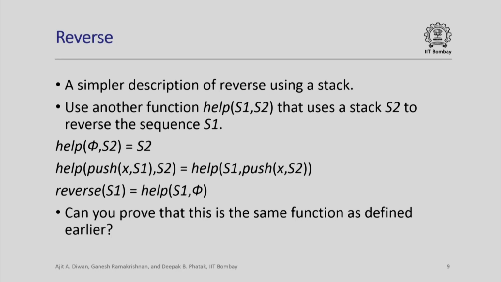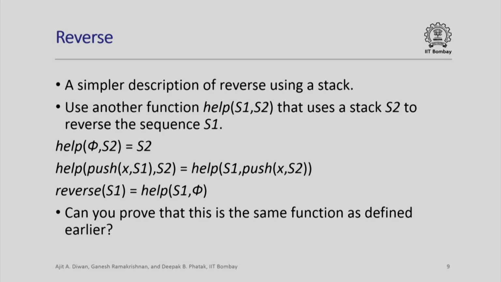Right. So what this essentially means is, if I want to reverse a sequence, I take one element from it, push it into a stack, take the next element, push it into the stack, take the third element, push it into the stack. The sequence that results in the stack is nothing but the reverse of the original sequence. So you are essentially adding the sequence into an empty stack.